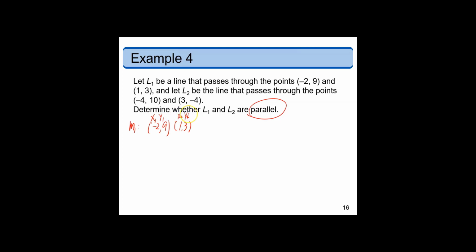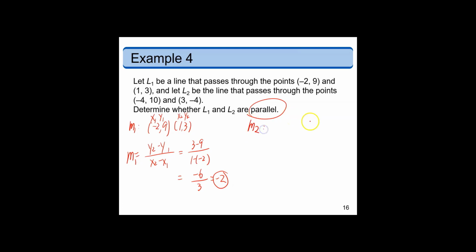So the key thing is to find out the slope. What is the slope? y2 minus y1 over x2 minus x1. So we're going to have 3 minus 9 over 1 minus 8. 3 minus 9, that's -6. On the bottom, 1 minus negative 2 is 1 plus 2. So dividing everything, the slope for line number 1 is negative 2.